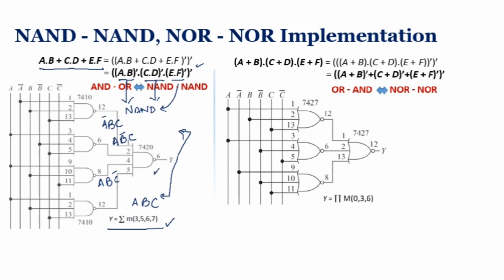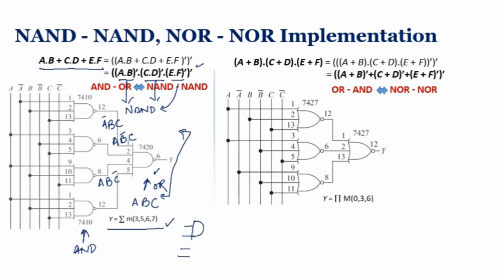You will be surprised that why I have used all NAND gates here, whereas in the previous example I had used AND gates in this level and OR gate at this level. That means AND OR form. So I have replaced AND gate and OR gate both by NAND gate. So this must be verified whether this is correct or not.